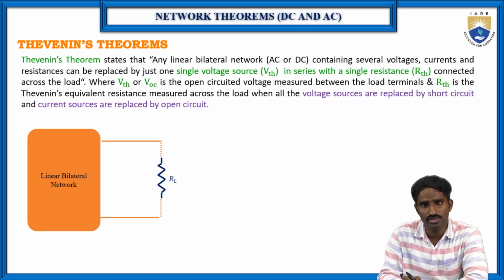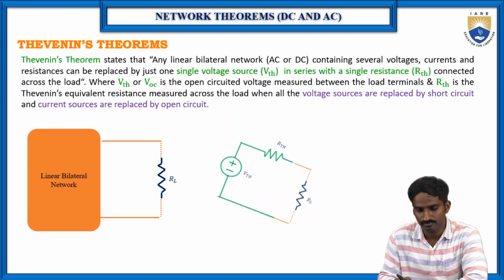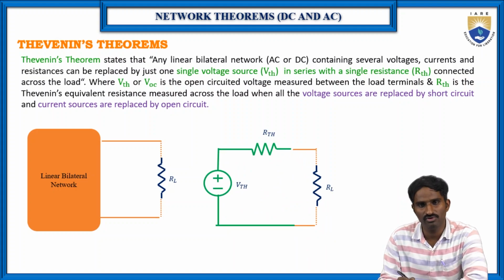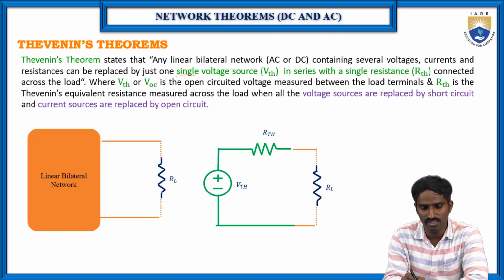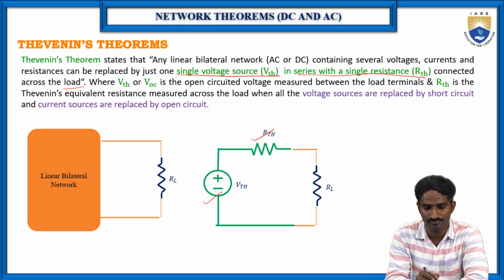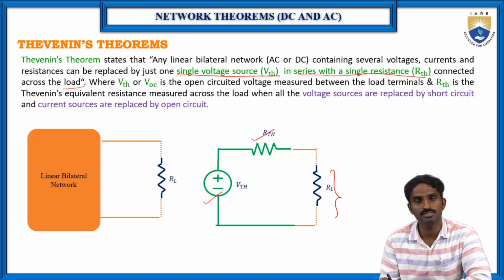So this total circuit is replaced with a Thevenin's equivalent circuit, consisting of a single voltage source V Thevenin in series with a single resistance R Thevenin, across the load. Here this is the load RL.